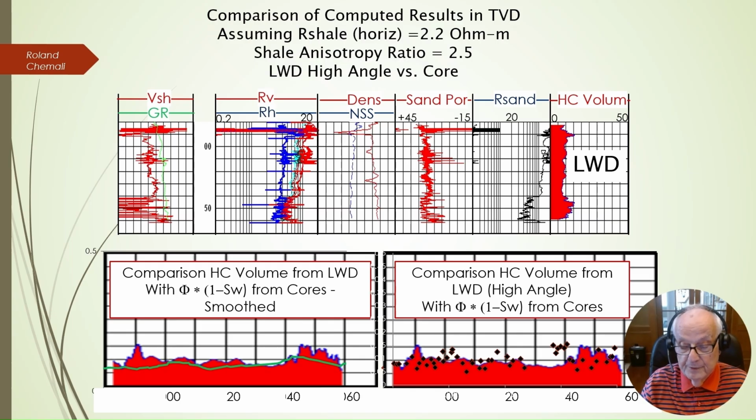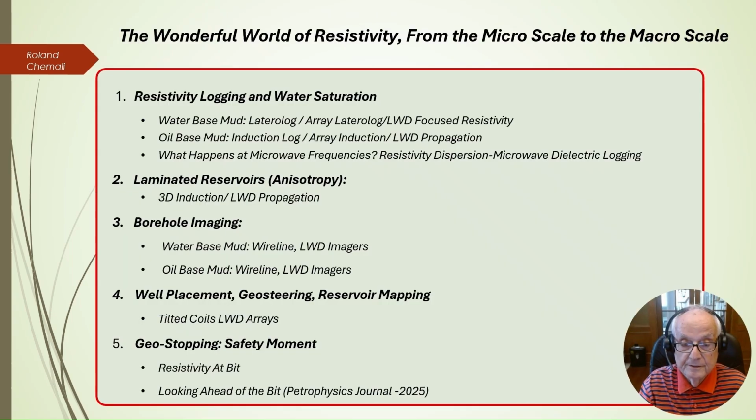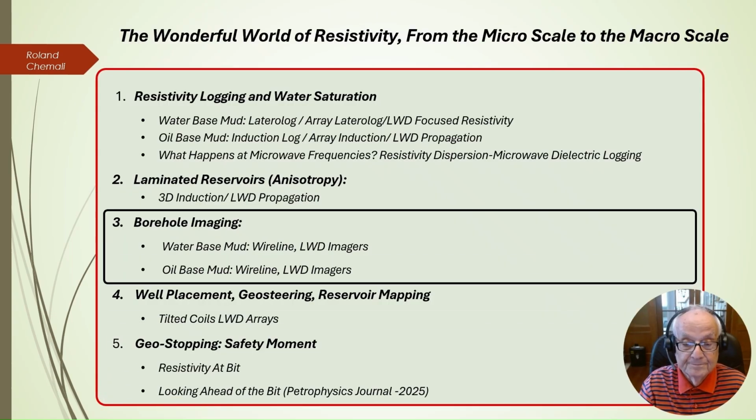So anisotropy is something you don't find everywhere, but it's much more common than people think, because many of the reservoirs are deposited in layers, and relying only on RH, you would underestimate your reserves.